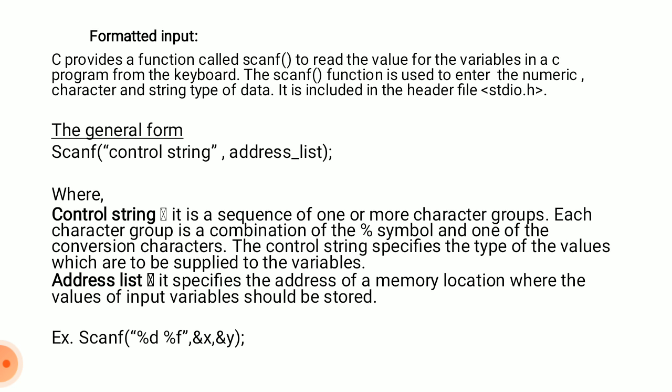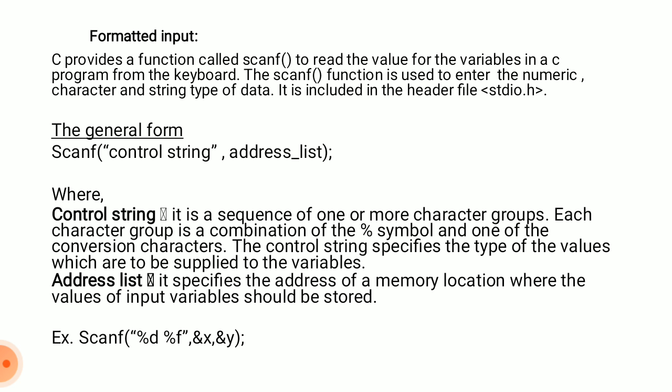H means header file. So, basically the formatted input function is scanf. It is used to read all the data types, that is numeric, character and string type of data. Okay. And the general form or the syntax is scanf, within the parenthesis a control string, that is within double quotation, comma and address list.